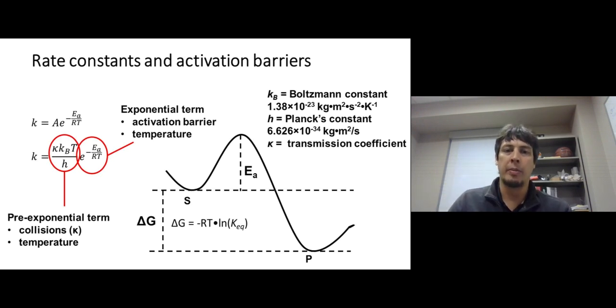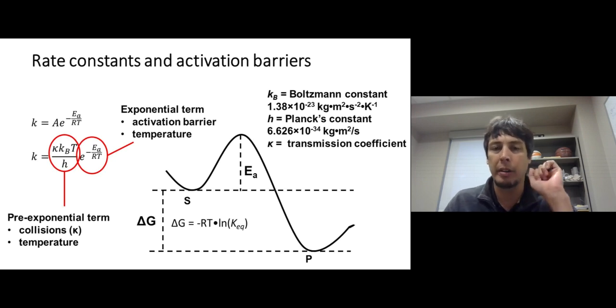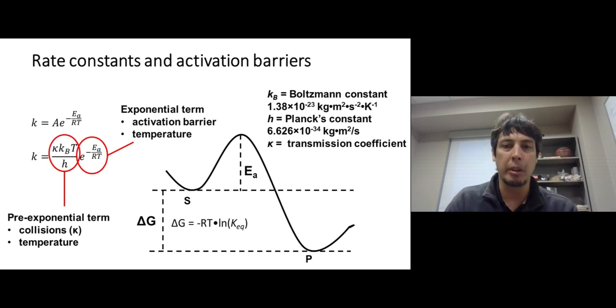So if there's enough activation energy, we can think of the molecule as being at the transition state. There still may be a chance that it doesn't go to product. At the top of the hill, it may go to the right towards product, or it may go left and go back towards forming the substrate. So kappa is the probability of it going towards product.